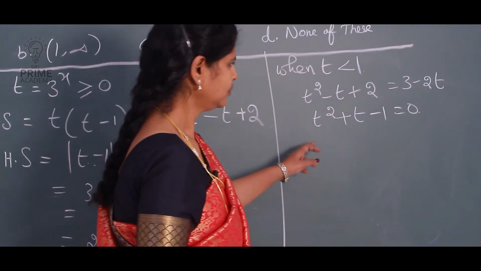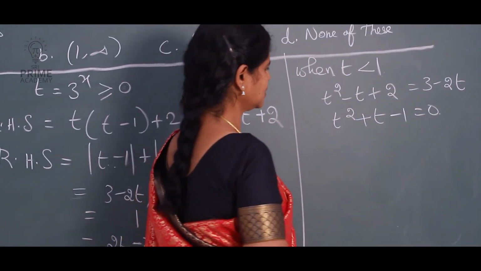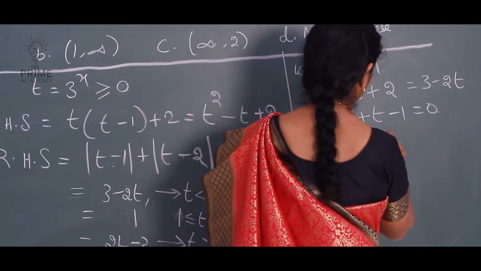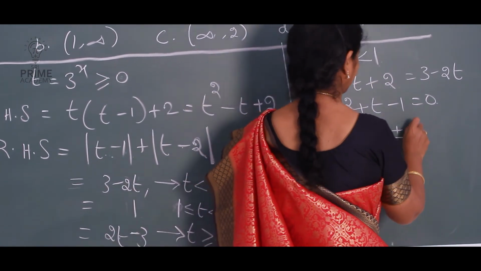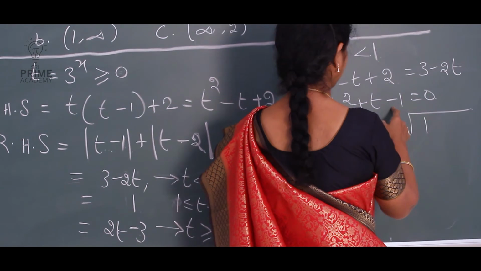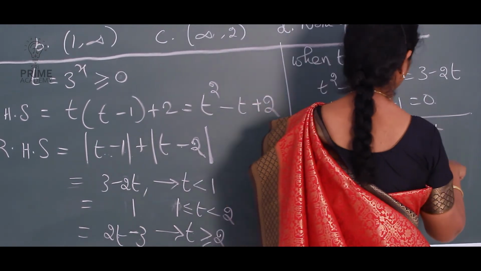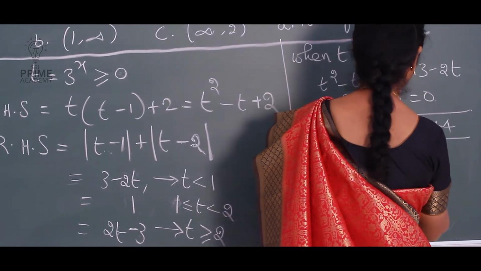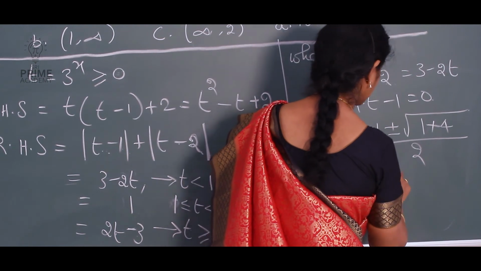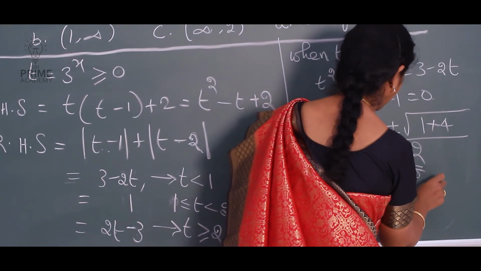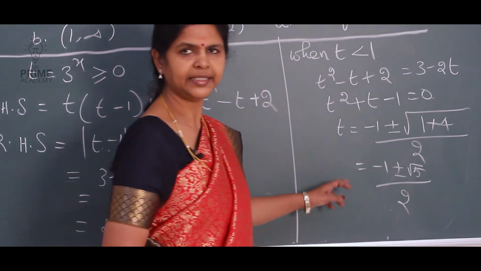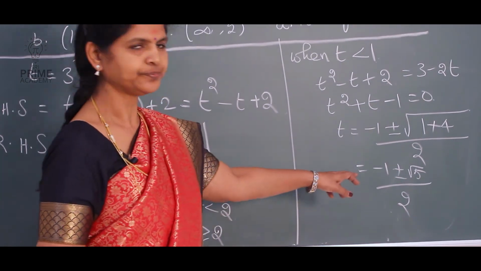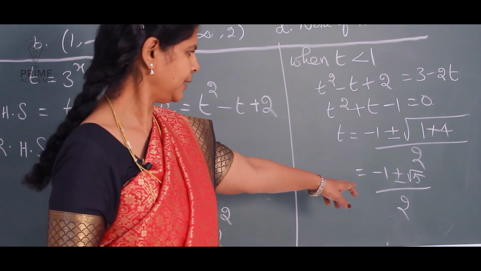So when you solve this equation, you get t equal to minus 1 plus or minus square root of 1 plus 4, divided by 2. So you get minus 1 plus or minus root 5 by 2.